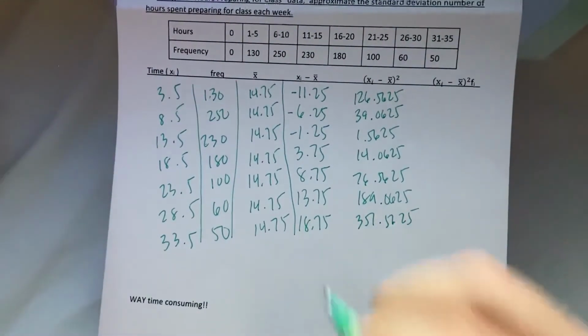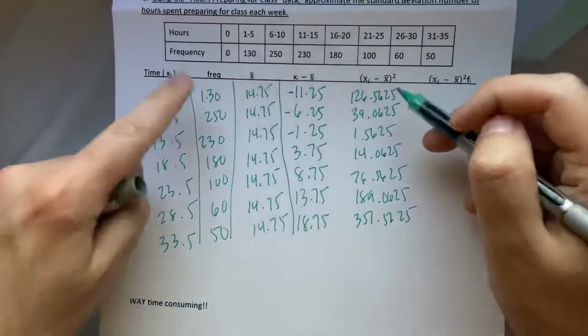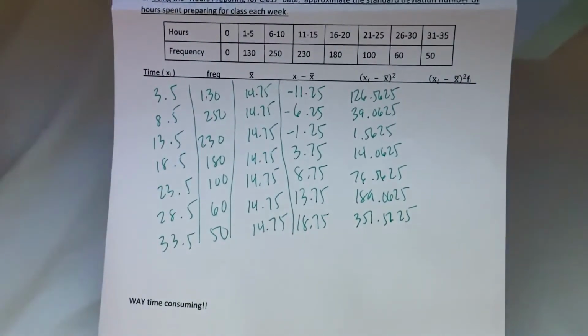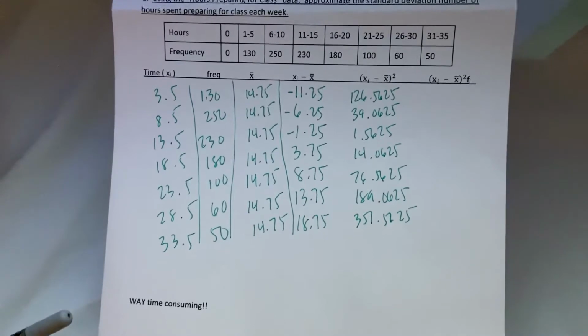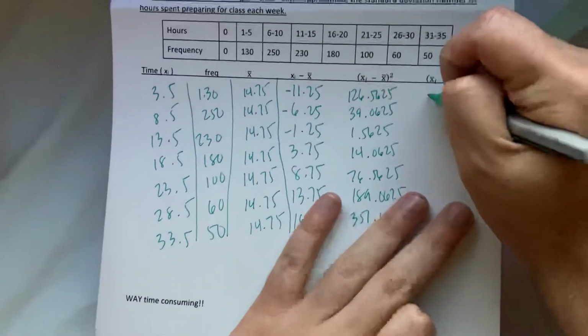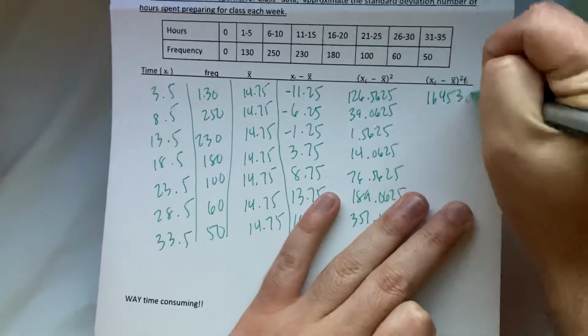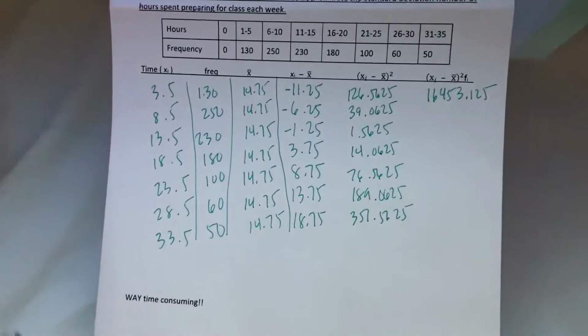Now we have to take this column and multiply it by the frequency column, the 130, 250, and so on. So 126.5625 times 130 is 16,453.125.